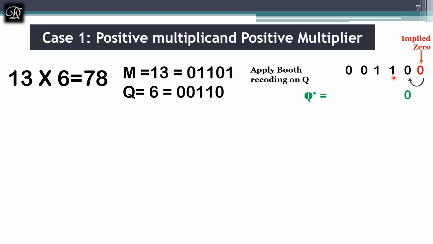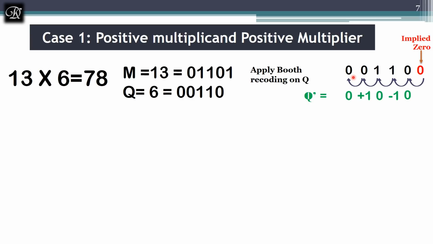When it is 0 to 1, the new Q will be negative 1. And 1 to 1, it is 0 again. And 1 to 0, it is positive 1. And 0 to 0, it is 0 again. This is the new multiplier we got.